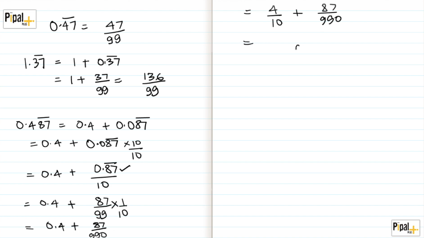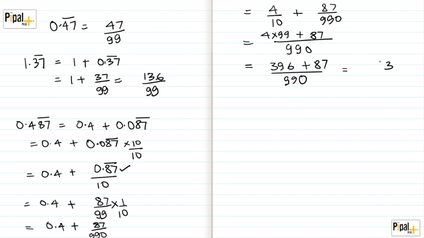I can take LCM 990, so this is 10 into 99 is 990, so this is 4 times 99 plus 87. 4 times 99 is 396 plus 87 divided by 990, and I get 483 by 990, right?